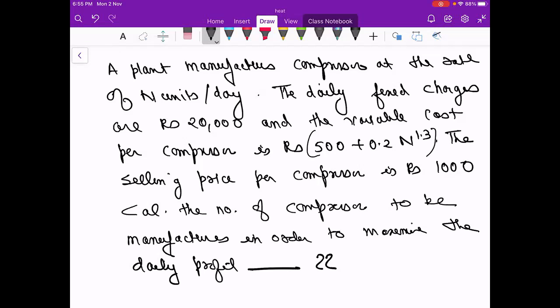Yes, Omnijit, correct answer. Saket, correct answer. Saikat, correct.